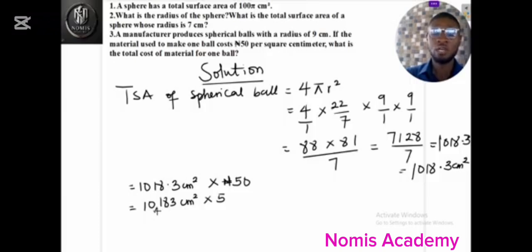So I have 10,183 multiplied by 5. So 5 times 3 is 15. 5 times 8 is 40 plus 1, 41. 5 times 1 is 5 plus 4, that is 9. 5 times 0 is 0. And 5 times 1 is 5.